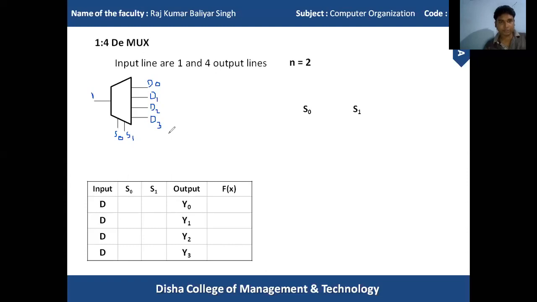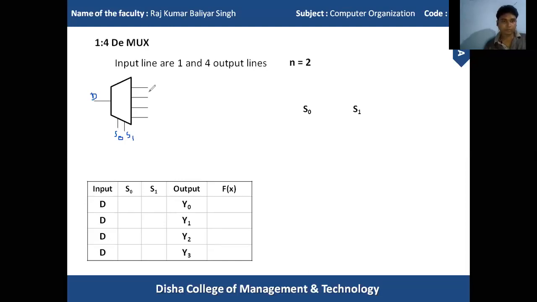So instead of D0, here I'm taking Y0, Y1, Y2, Y3, and the input is D. So let's make it Y0, Y1, Y2 and Y3.